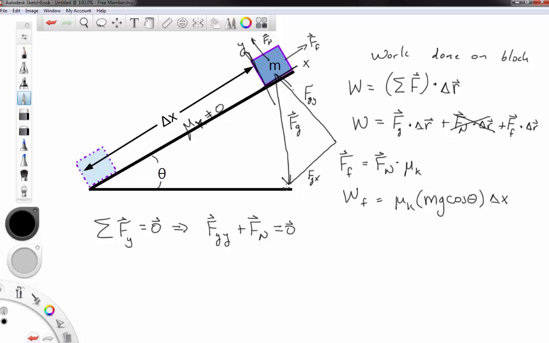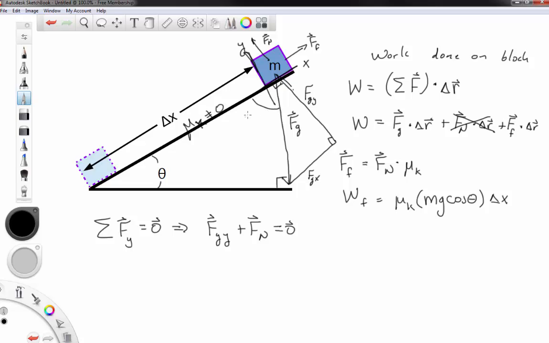And actually, it's a matter of simple geometry here. This is the gravitational force, and it's perpendicular to this horizontal line. This is angle theta. This component, Fgy, has to be perpendicular to the ramp. That is, in fact, what it means to be in the y direction.